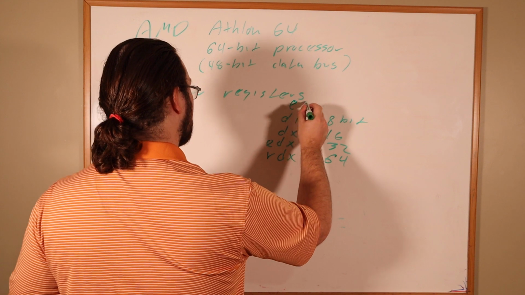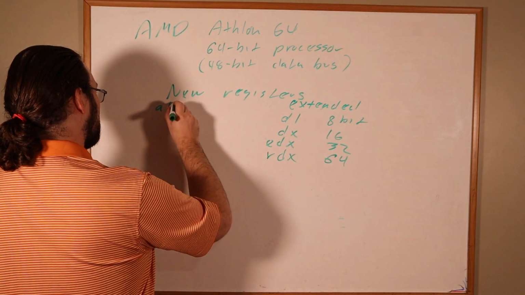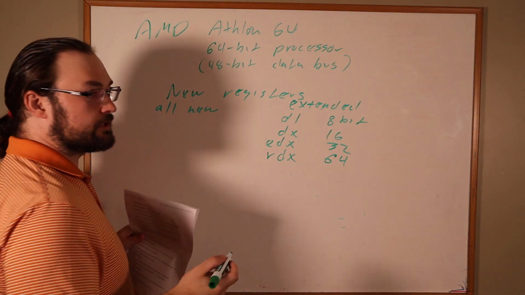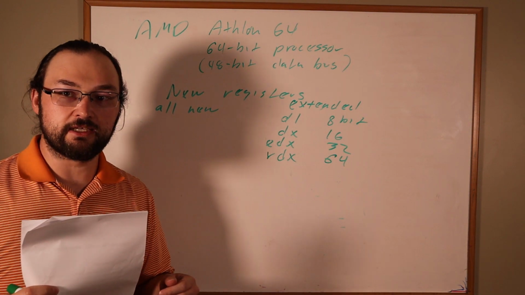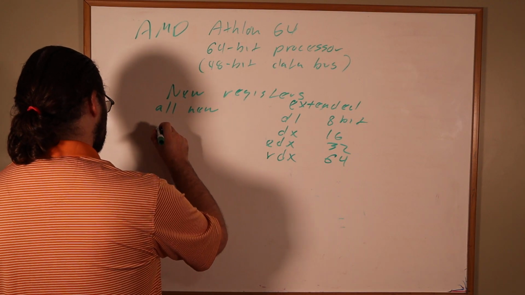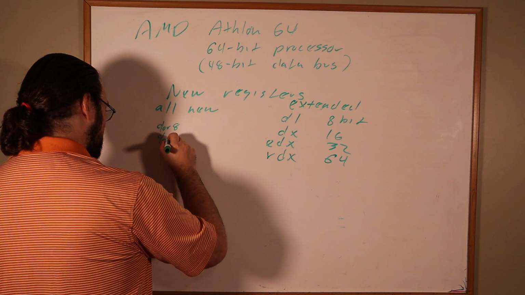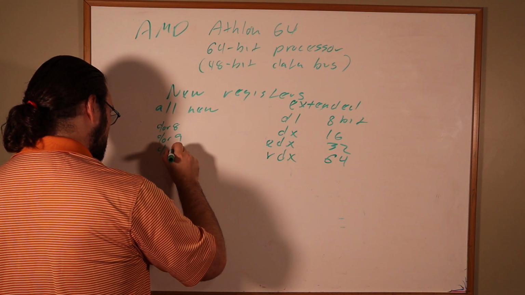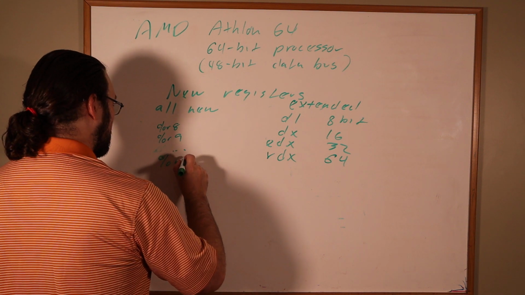So we have extended registers, and then we have all new registers. The all new registers that AMD introduced, because they didn't think that Intel's naming convention made any sense at all, are called R8, R9, through R15.